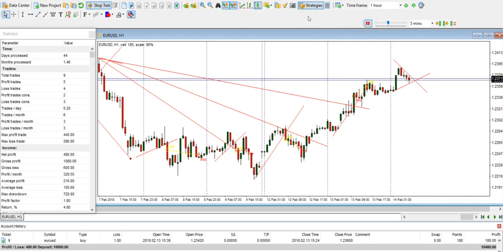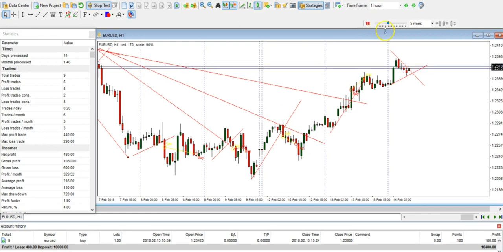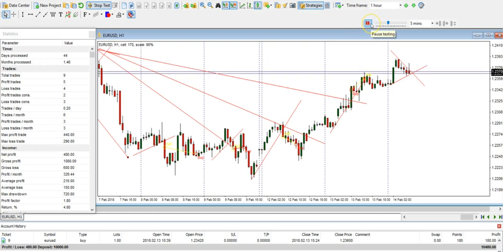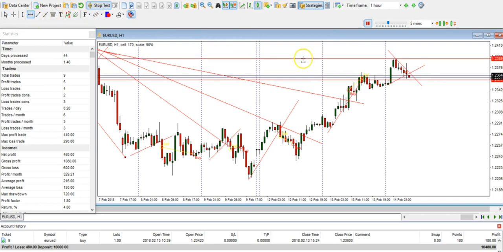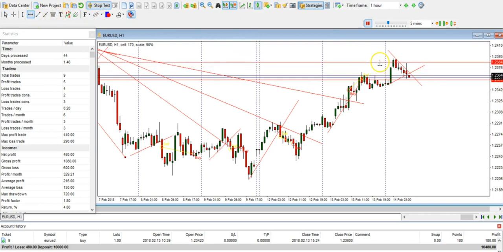And just lower down a bit for this hour. Okay, so we have a buy, sell line here, and buy line here.